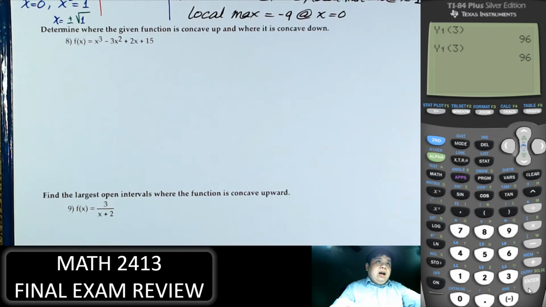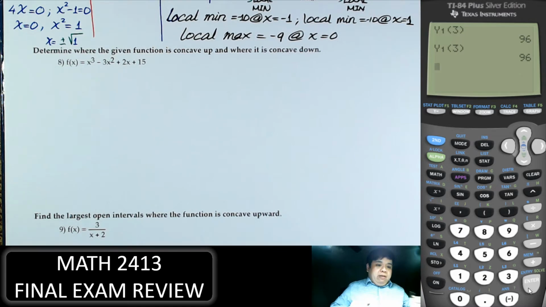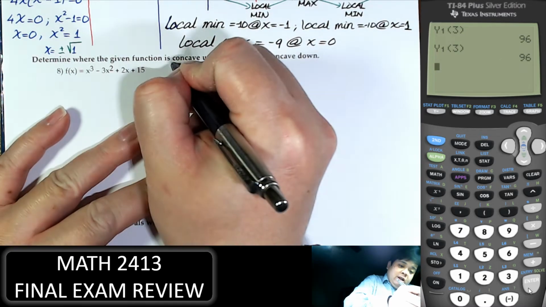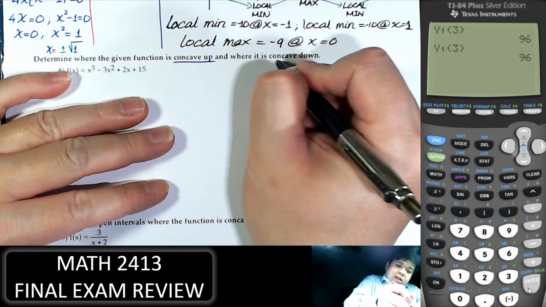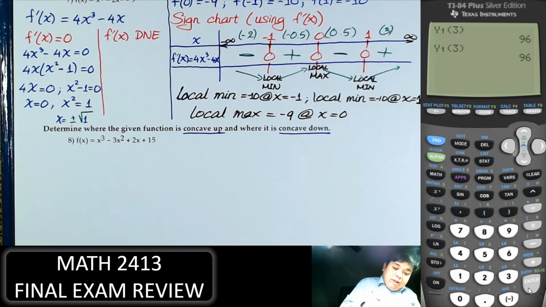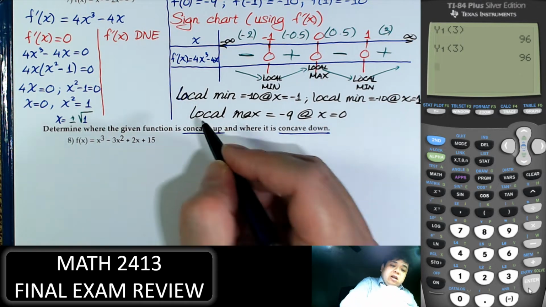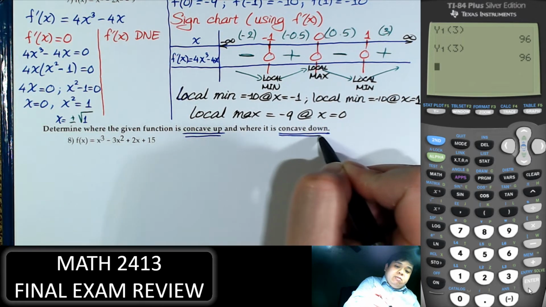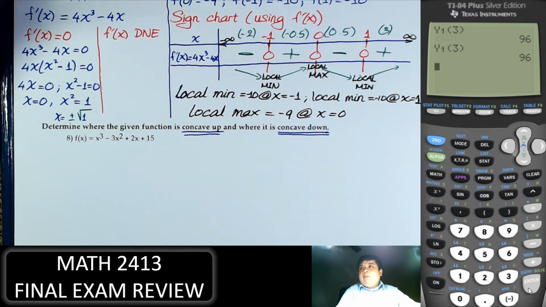Right, next we have concave up or concave down. Concave up or concave down is dealing with the second derivative. So we pretty much do the same thing with the sign chart and all, but this time we use the second derivative because this is dealing with concave up or concave down.